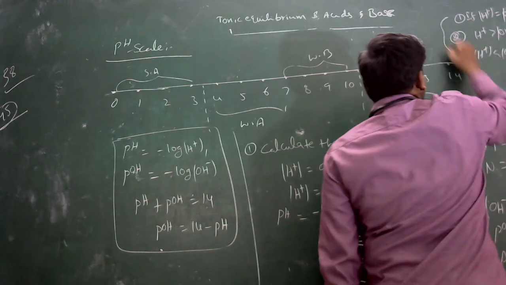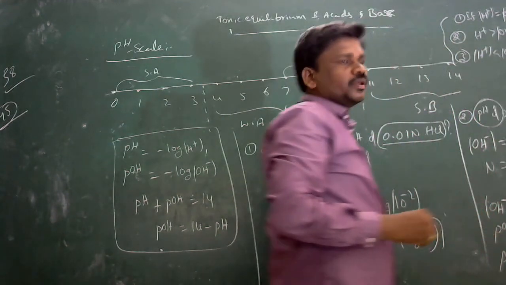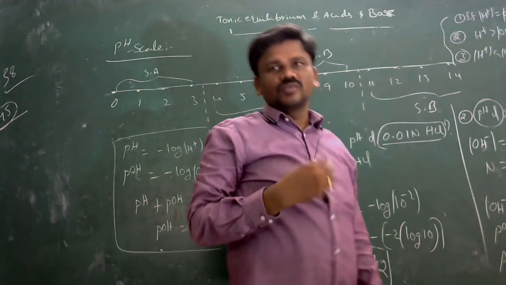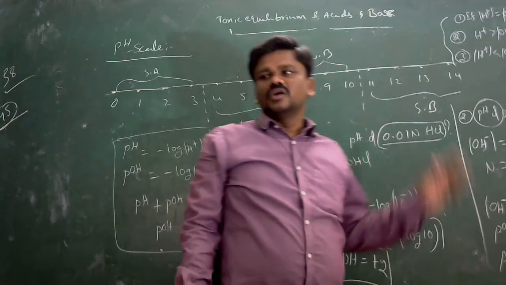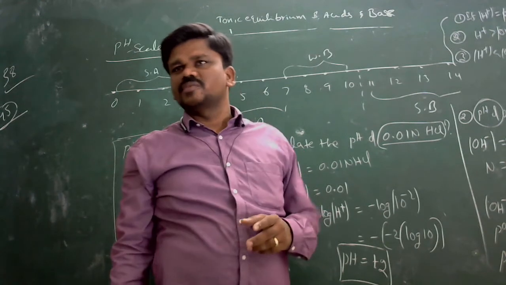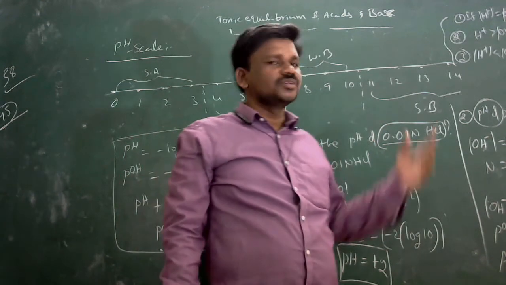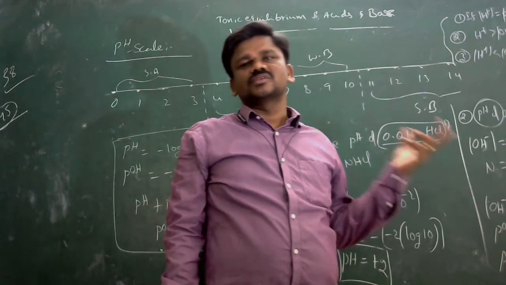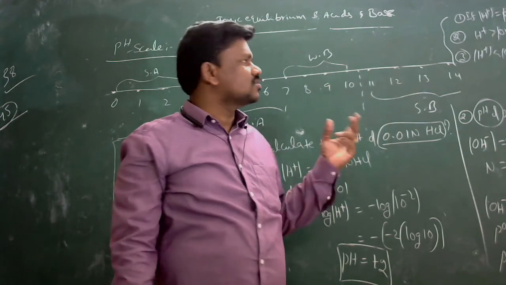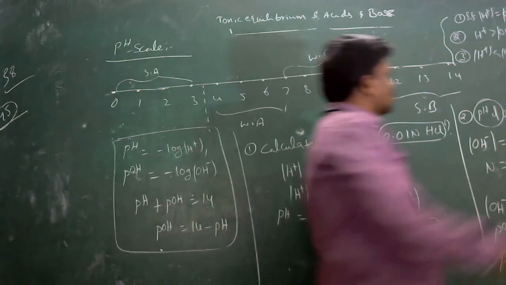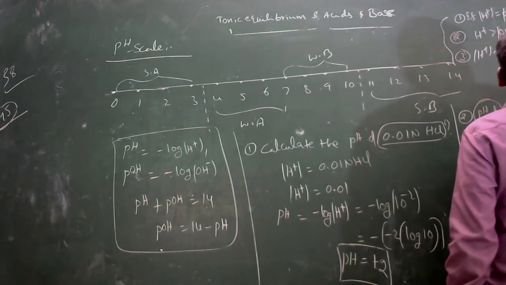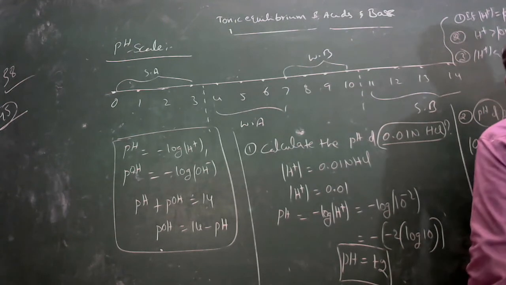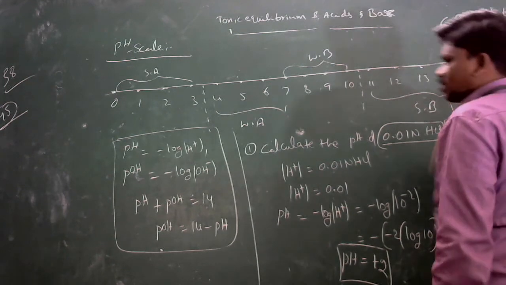These are three types of relations. That means greater than 10 power minus 7, less than 10 power minus 7, and equal to 10 power minus 7.